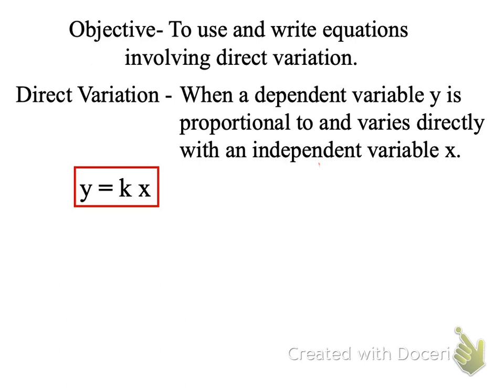M stands for slope. It functions the same way. It still is our rise over run. The difference in these two is that y equals kx has no b.